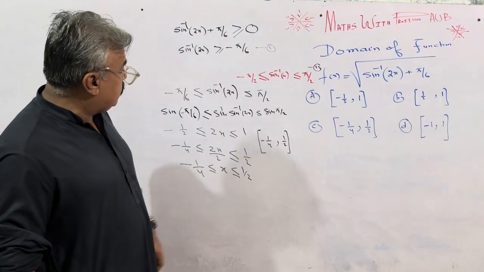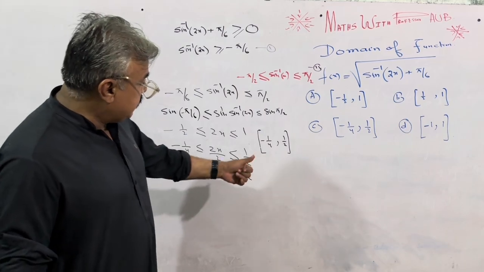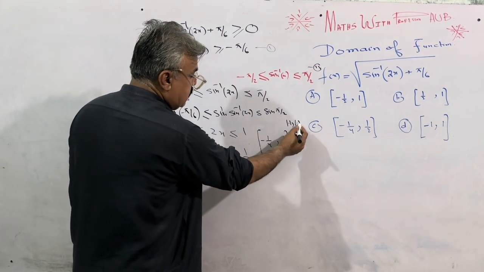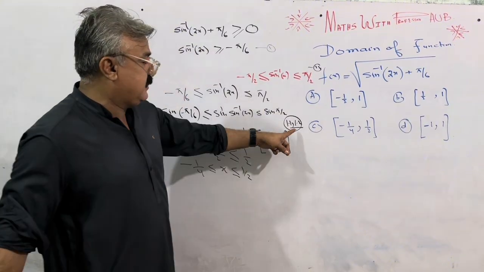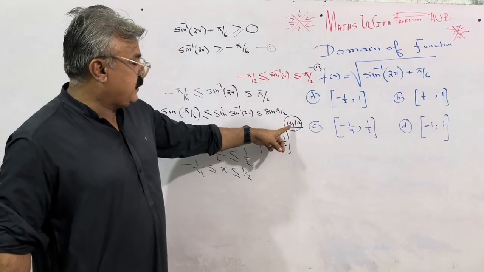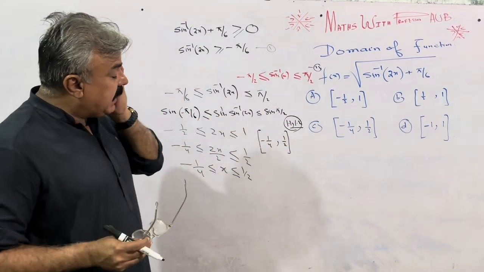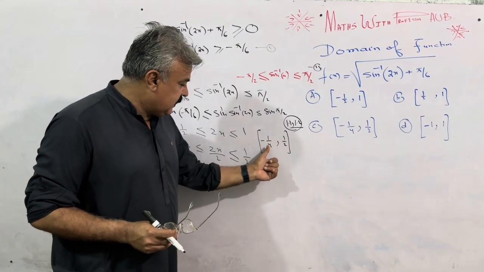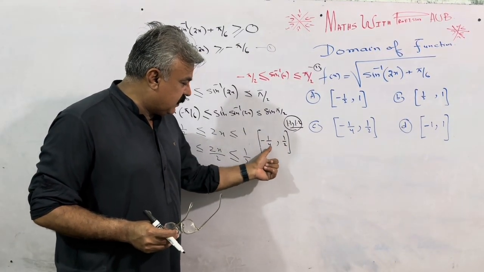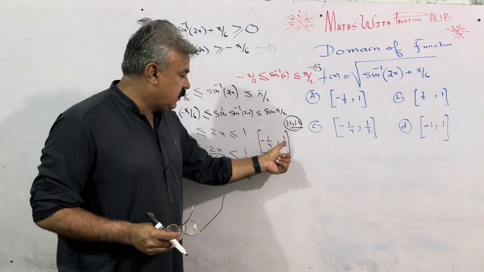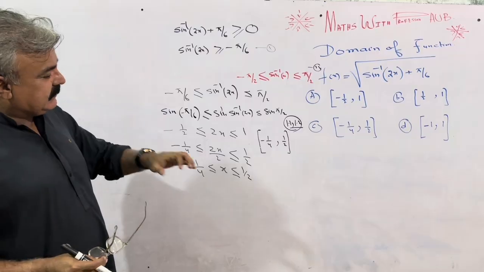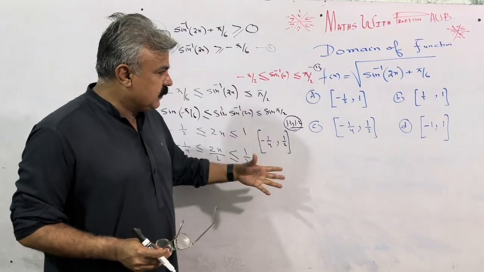We are familiar from real analysis that between any two real numbers, there lie infinitely many real numbers. Between 1.1 and 1.2 lie infinitely many real numbers. It's dense, it is infinite. You cannot count the numbers from minus 1 upon 4 to 1 upon 2. Simply, the domain in that case is minus 1 over 4 to 1 over 2.